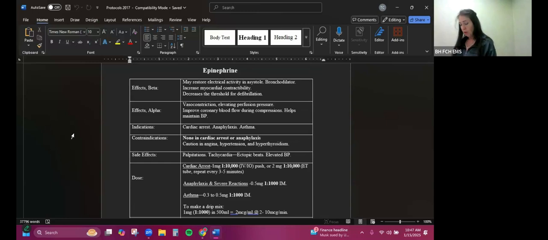Cardiac arrest, it's 1 milligram of 1 to 10,000 IV push, IO push, or 2 milligrams of 1 to 10,000 ET tube, repeat every 3 to 5 minutes. For your anaphylactic reaction, it's 0.5 milligrams of 1 to 1,000 IM. For asthma, it's 0.3 to 0.5 of 1 to 1,000 IM. And then, of course, your pediatric doses are listed also.